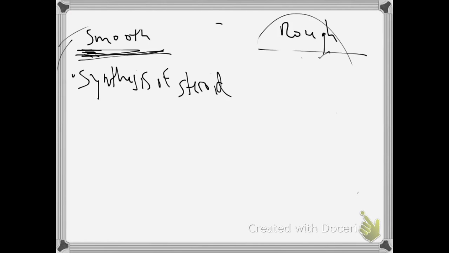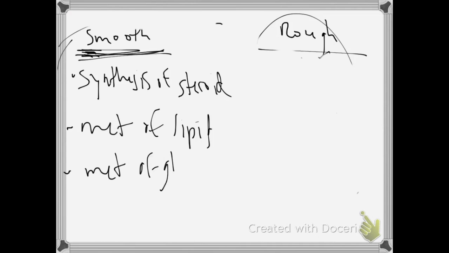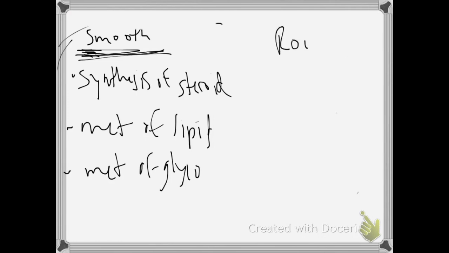All right. The other things that it's involved in is the metabolism of lipids and the metabolism of glycogen. I don't have great ways to remember those. You kind of have to do these through repetition, but I do have pretty good ways to remember this rough ER stuff. So the rough ER, remember it has those ribosomes on it. Ribosomes are the site of protein production.